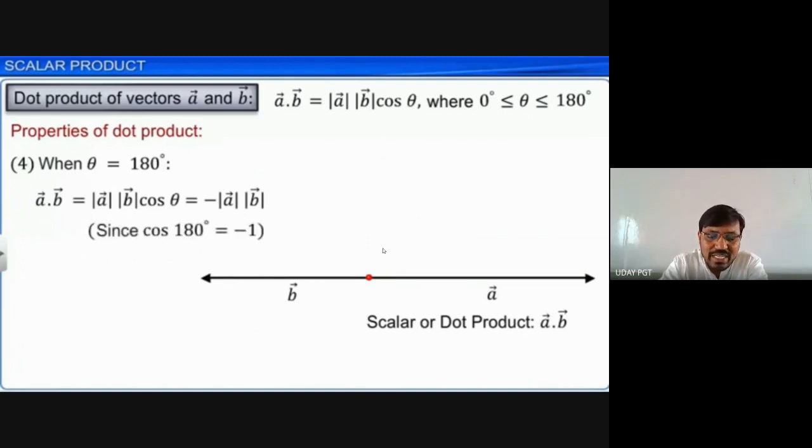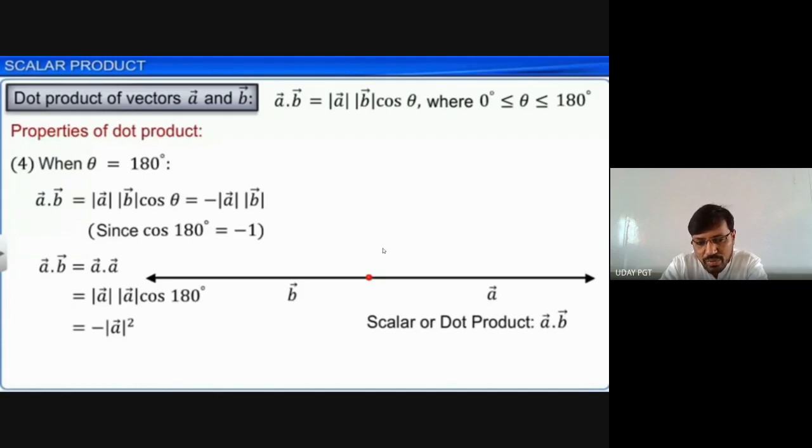When cos 180 degrees equals -1, then a bar dot b bar equals minus the magnitude of a bar times the magnitude of b bar. So this is one point. In that situation, both are the same vector, so we get minus the magnitude of a bar whole squared.